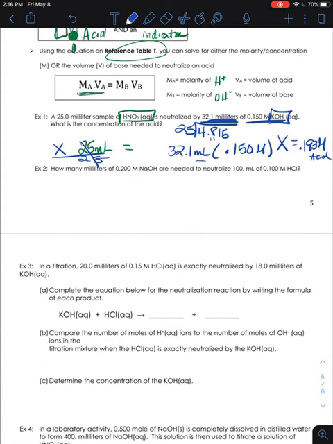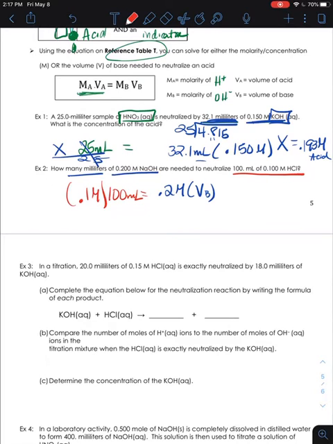Okay, same example here. How many milliliters of, this is a base, and they're asking for how many milliliters, so let's put that in there now. 0.2 molarity times an unknown volume for the base is used to neutralize 100 milliliters of a 0.1 molarity solution of an acid.